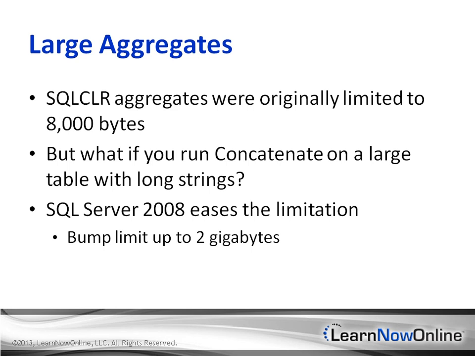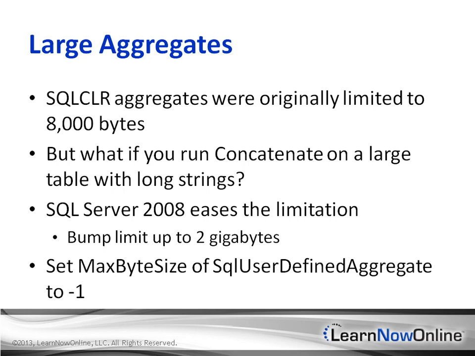Internally, the code can still use a string builder object to handle the aggregated string, since that object supports a virtually unlimited string size. The main thing you need to do in order to change the SQL CLR code, besides that data type issue, is to identify the aggregate as a large aggregate, and you do that by changing the max byte size value of the SQL user-defined aggregate attribute to -1.